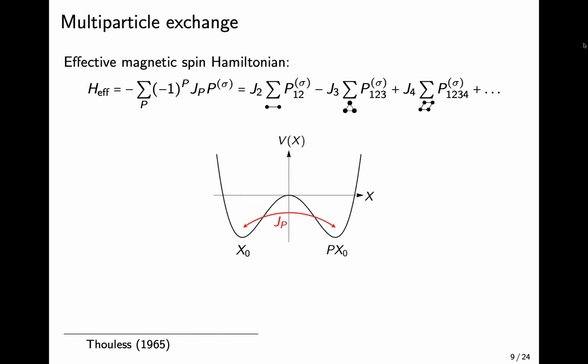So if I have n electrons in 2D, this is a 2n-dimensional coordinate. And what I'm showing you here are two degenerate potential minima corresponding to electronic configurations related by permutation. If X naught is some reference configuration of the electrons on the triangular lattice, then P X naught is some permutation of some subset of those electrons. And so these exchange processes are nothing but tunneling processes between these degenerate minima.